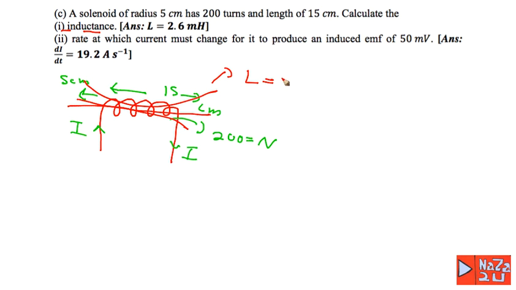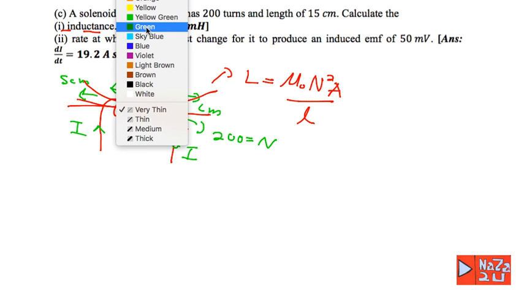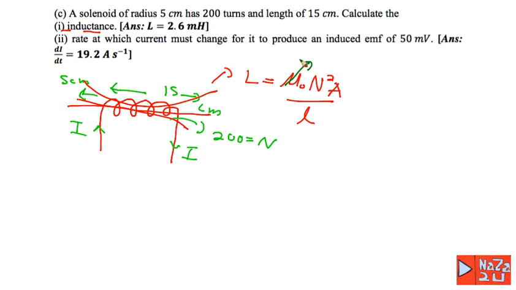The inductance L for the solenoid is given by the equation mu naught n squared A divided by the length of the solenoid. Mu naught is a constant, 4 pi times 10 to the power of minus 7, and n, the number of turns, is 200, so this is 200 squared, right?